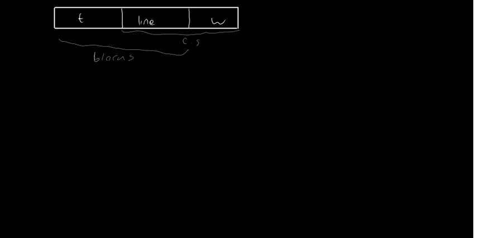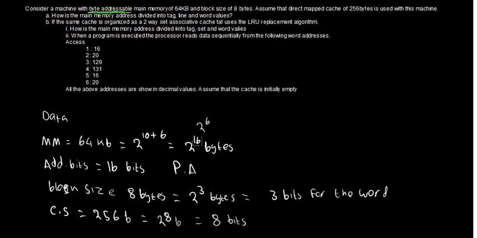How will this work out for us? Our line bits are equal to our cache bits, the number of bits taken up by the size of our cache, minus our word bits.